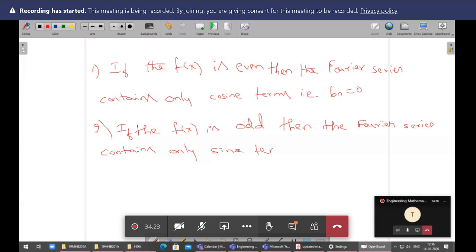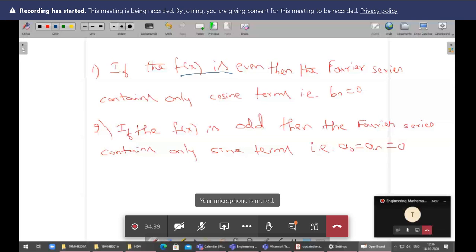So that is, a naught and an both are 0. Okay, so this is also another result. It will help to reduce our calculations.